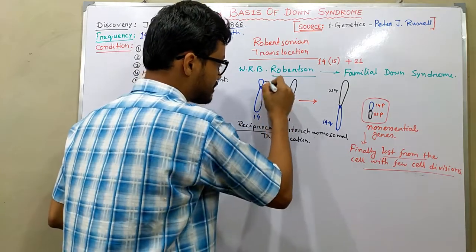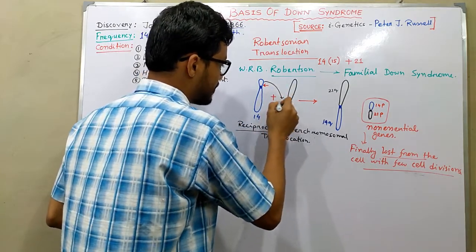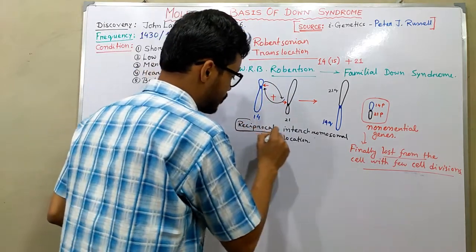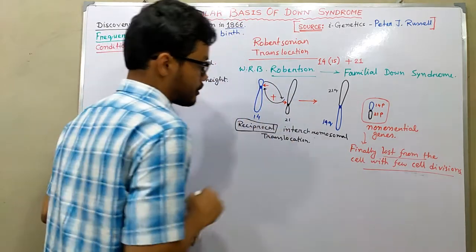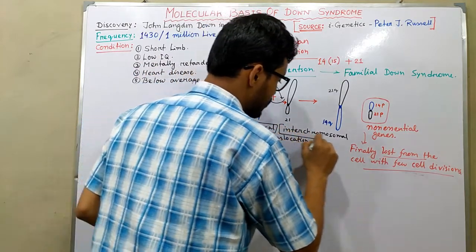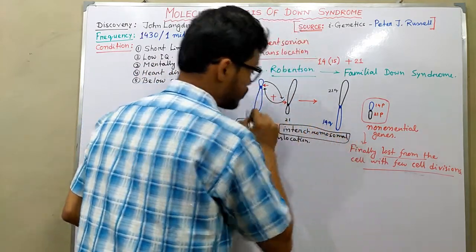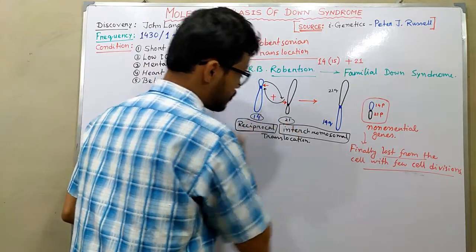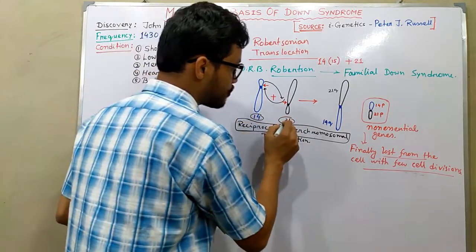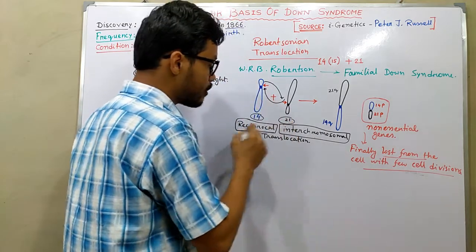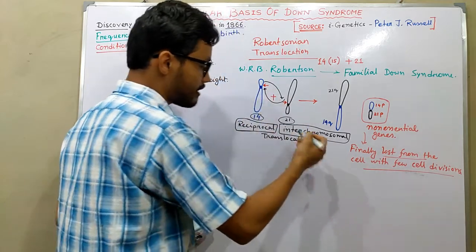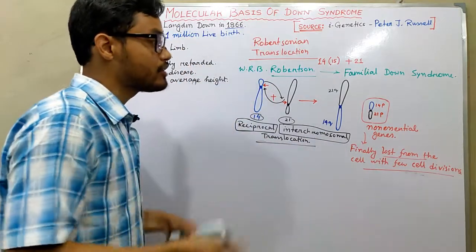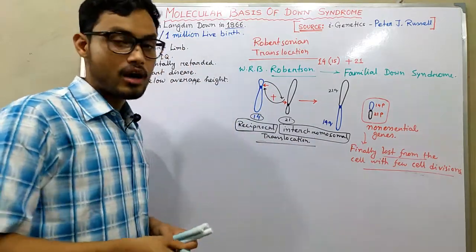So this segment is cut out from here, and this segment is joining here. So this is a reciprocal translocation, and it is also interchromosomal translocation, meaning involvement of two different kinds of chromosomes, chromosome number 14 and chromosome number 21. So this interchromosomal translocation leads to Robertsonian translocation, and it is also known as familial Down syndrome.